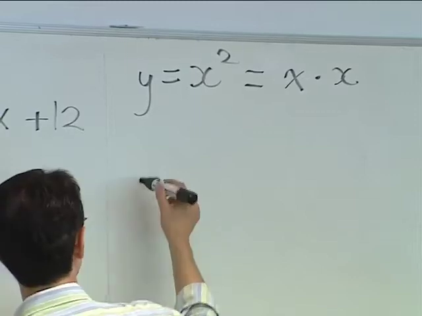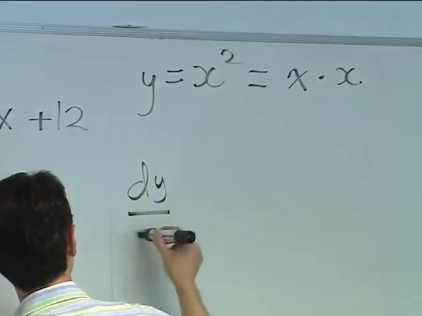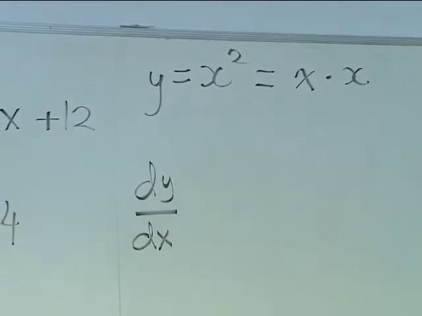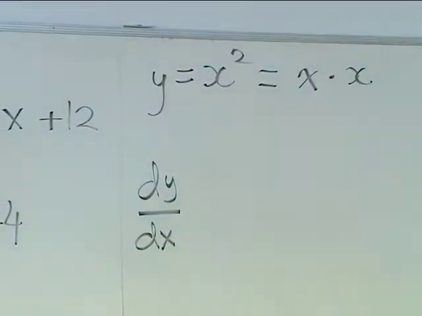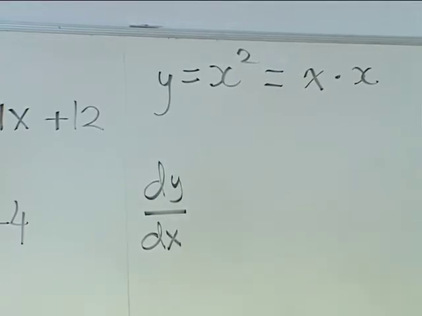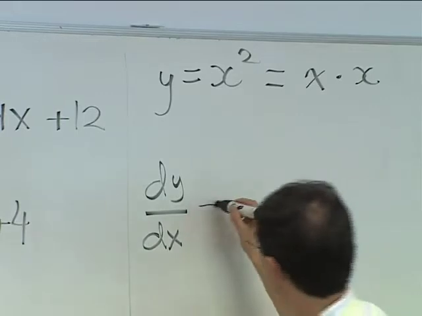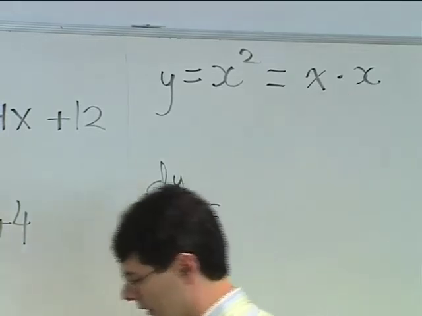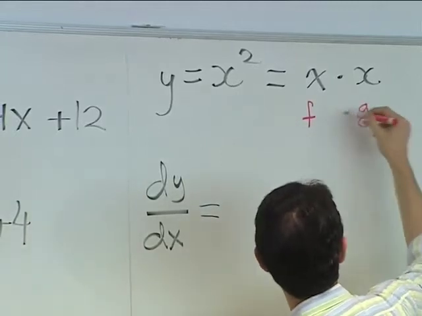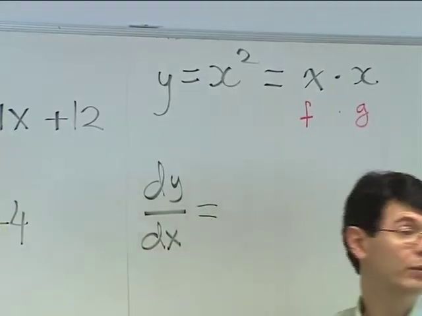So, what's the derivative? What is dy dx? I'm going to use the Leibniz notation just for a change. Okay? I want to think of this here as f and that as g. So this is f times g.